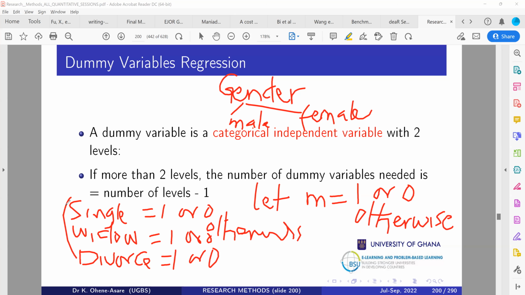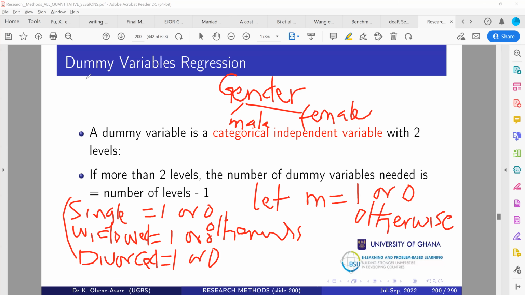Anytime I mention divorced, I am mentioning divorced in reference to married. So married becomes the reference category, and that is the one that is a 0 otherwise.